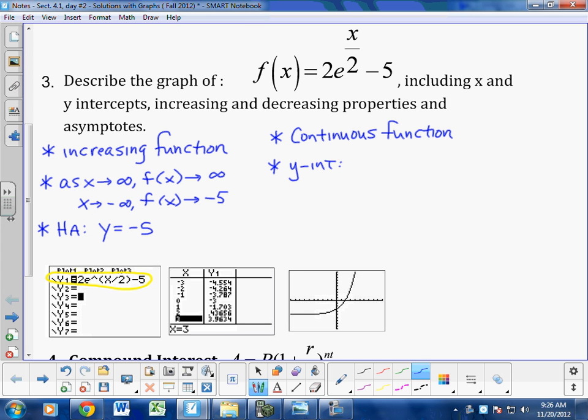Where does the graph cross the y-axis? Well, what do I plug in for x? 0, right? Look at the table. When x is 0, y is negative 3. Isn't that the y-intercept? 0, negative 3.